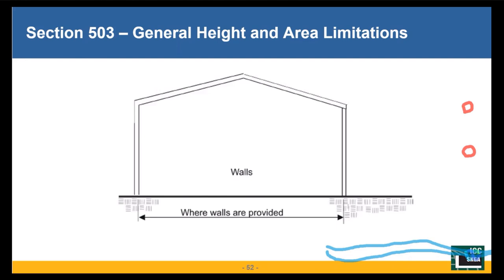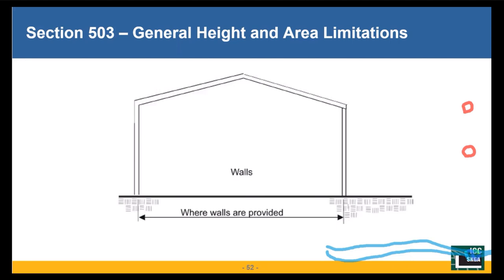Now, areas of buildings that do not have surrounding exterior walls must be included in the building area also if they are under a horizontal projection of a floor or roof above. So if there's a projection of a floor above, like a pop out on the second floor, that area under that projection must also be included.